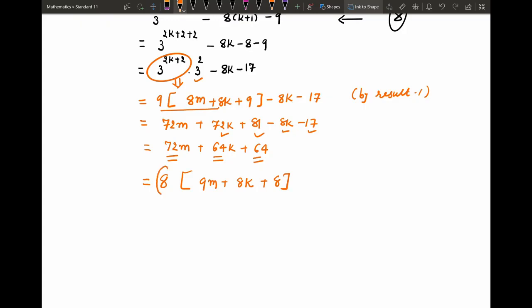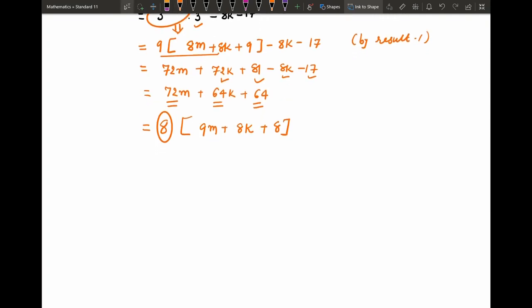Since 8 is a coefficient, we can claim that this is divisible by 8, and therefore the result is true for n equal to k plus 1.